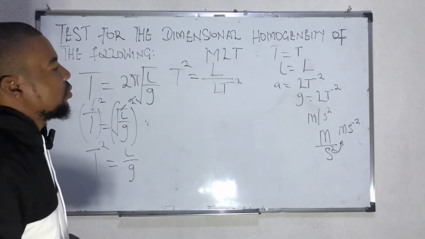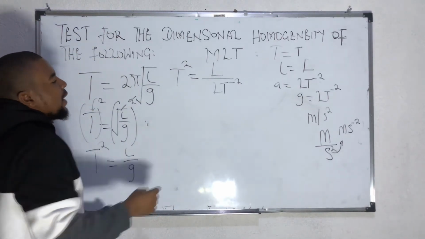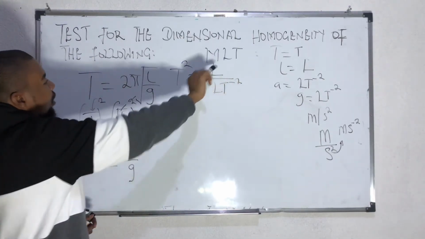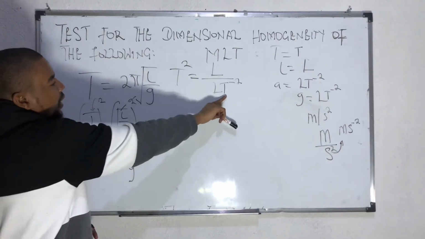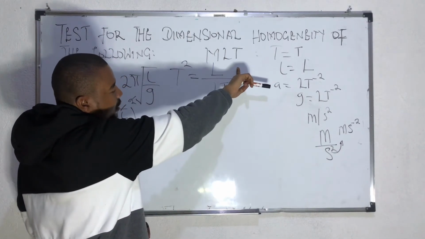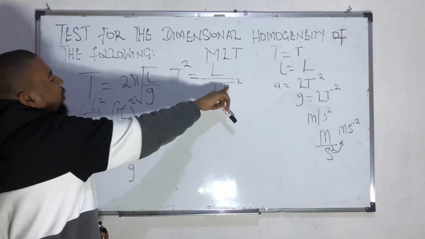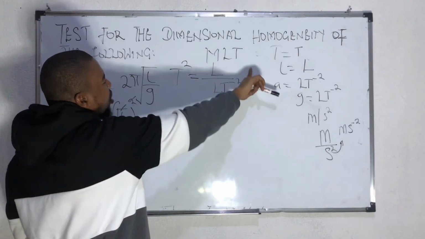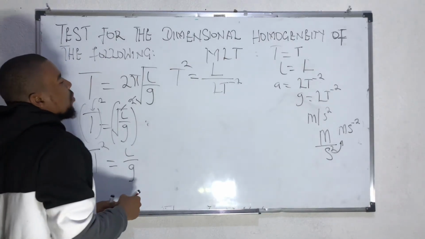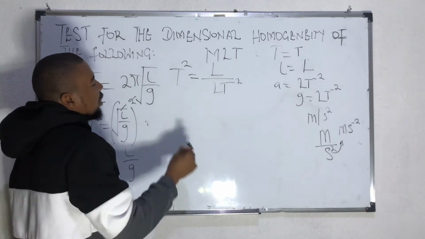Remember what I told us initially? If we're taking it from the denominator to the numerator, if the sign is negative, it's going to become positive upwards. And if the sign is positive down here, if you take it up, it's going to be negative. Now, let's do that very quickly to help us simplify this expression easily.